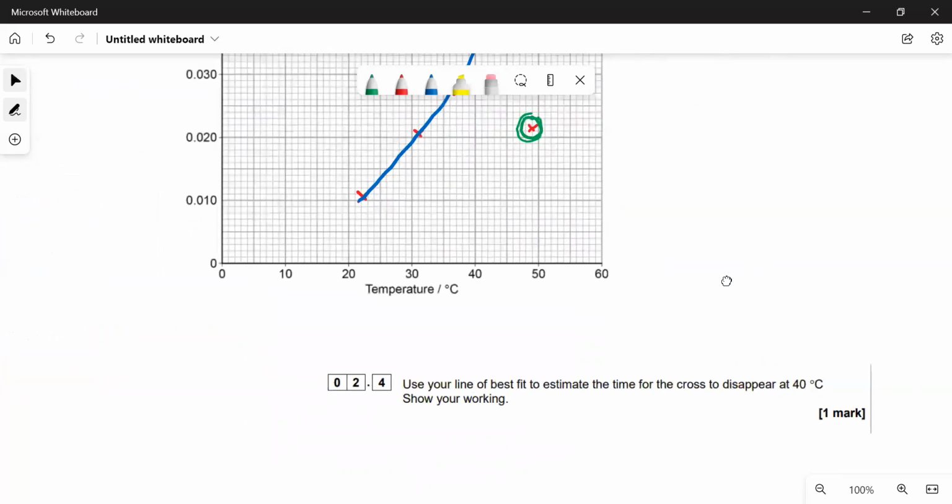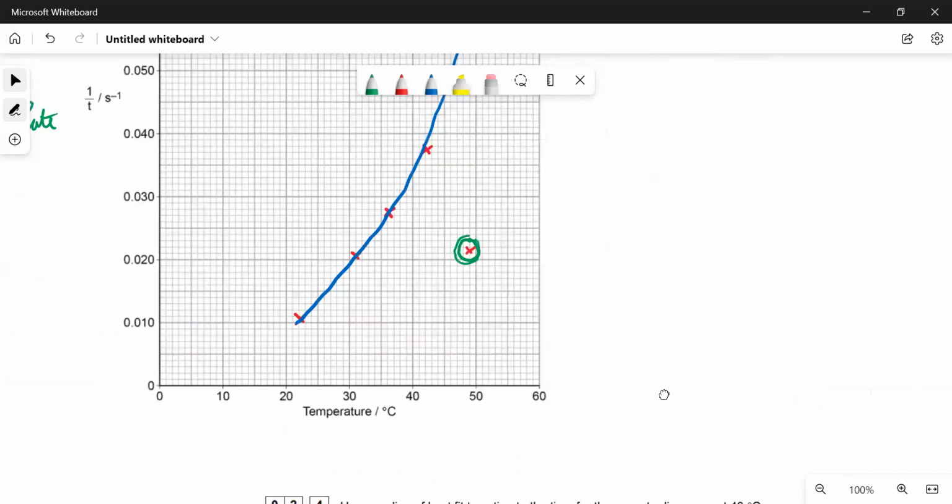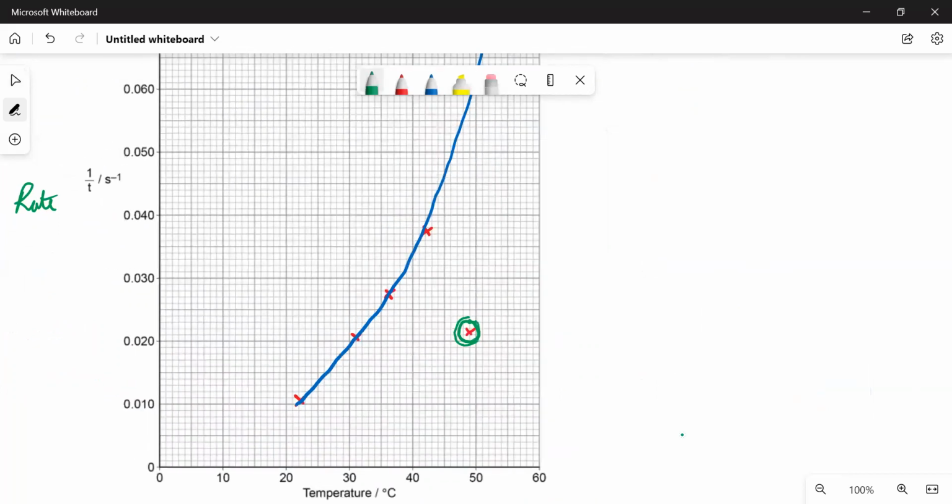Okay, use your line of best fit to estimate the time for the cross to disappear at 40 degrees C. So we're going to have to interpolate using the graph. I'm going to draw a line up from 40 degrees C there and across there. I think that is about the rate there, equal to 0.033.